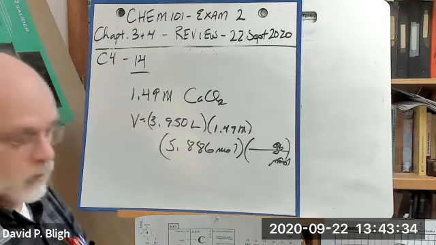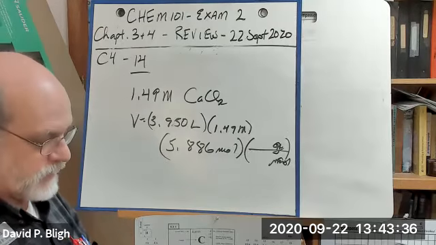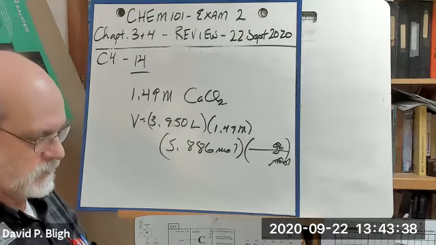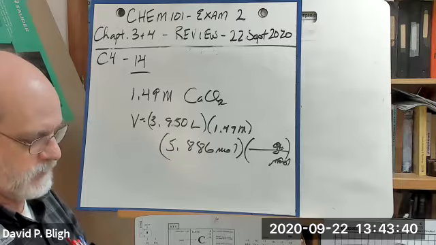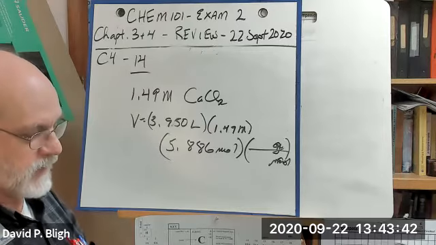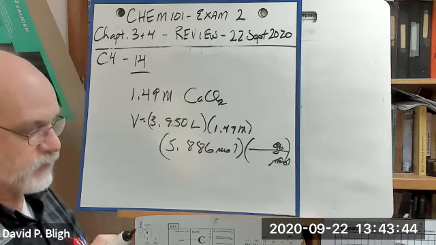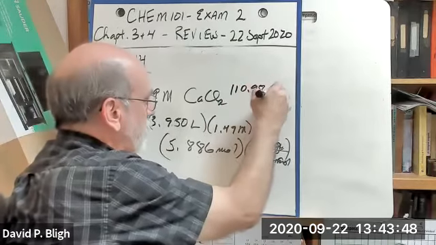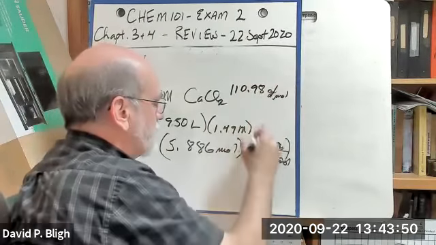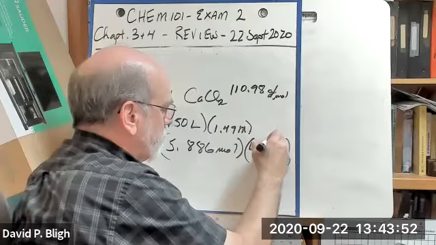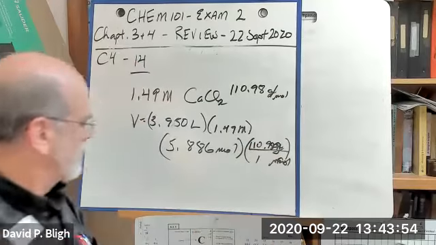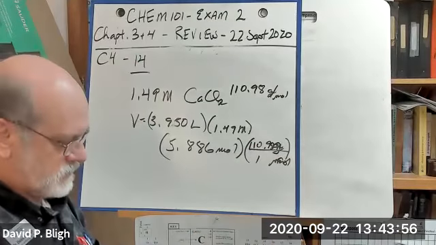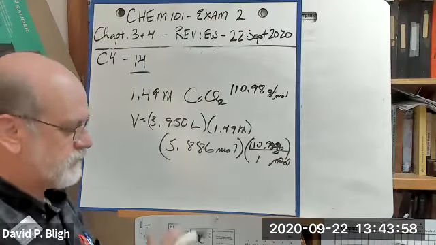So calcium chloride is, let's see, 40.08 for calcium, and 2 times chlorine, 35.45. Oops, wrong. Try that again. 35.45, 2 times. So we have 110.98 grams per mole. Times 5.886 is 653.65.